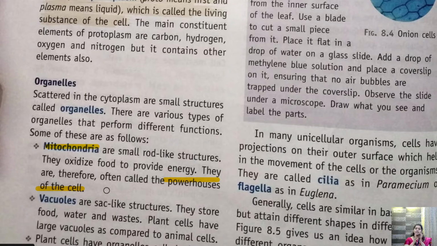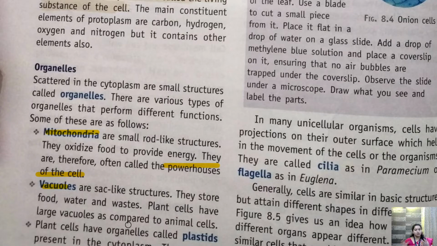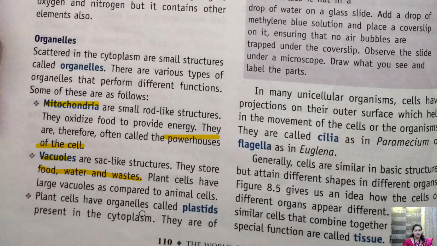All the energy is stored in the mitochondria and is also formed there. That is why mitochondria is called the powerhouse of the cell. Vacuole stores all the food, water and waste inside our body.